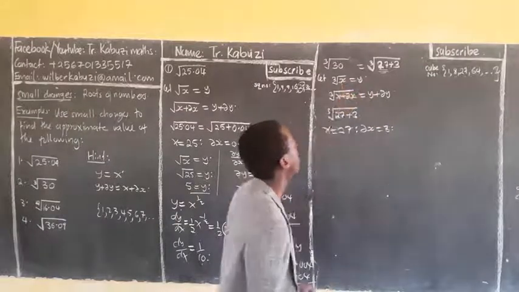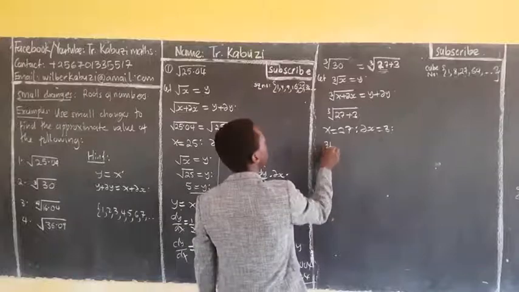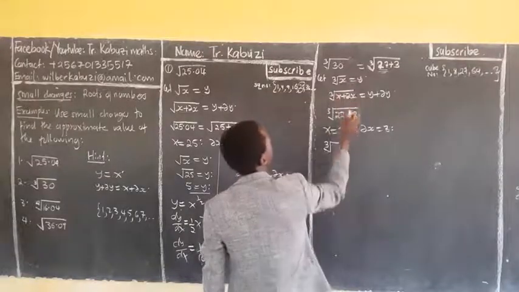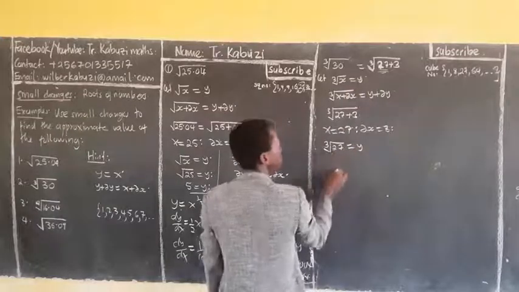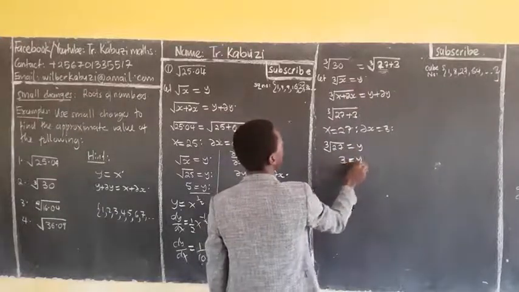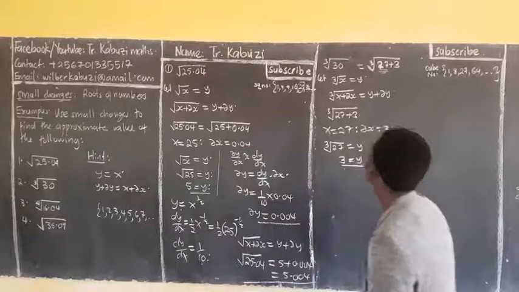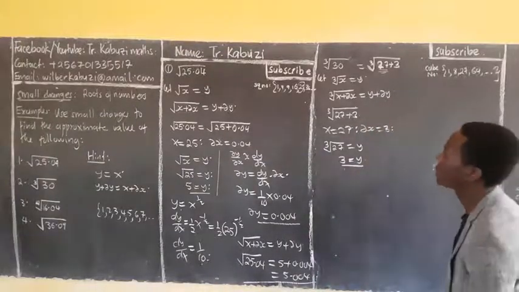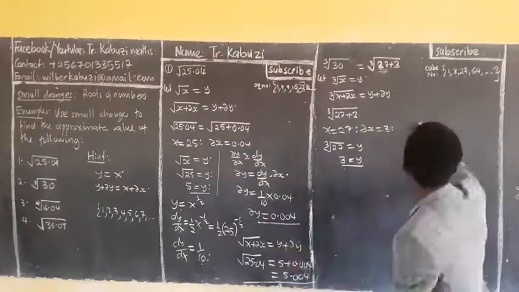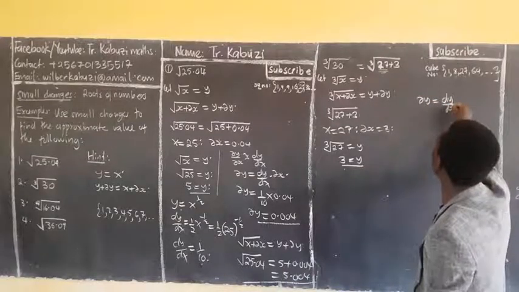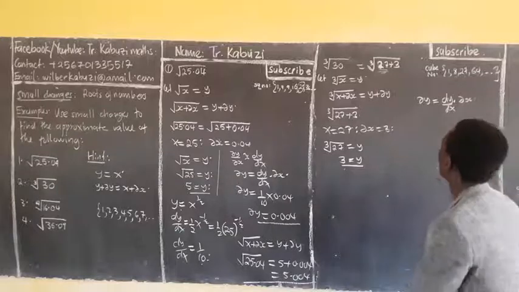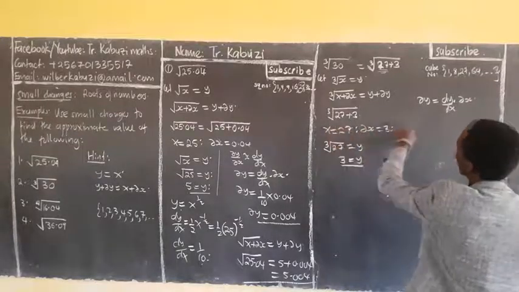From here, my y is the cube root of x, my x is 27, so my y is the cube root of 27, which is 3. Now I'm going to find delta y. How do I get delta y? From here, my delta y will be dy/dx times delta x. But now we need first the dy/dx.